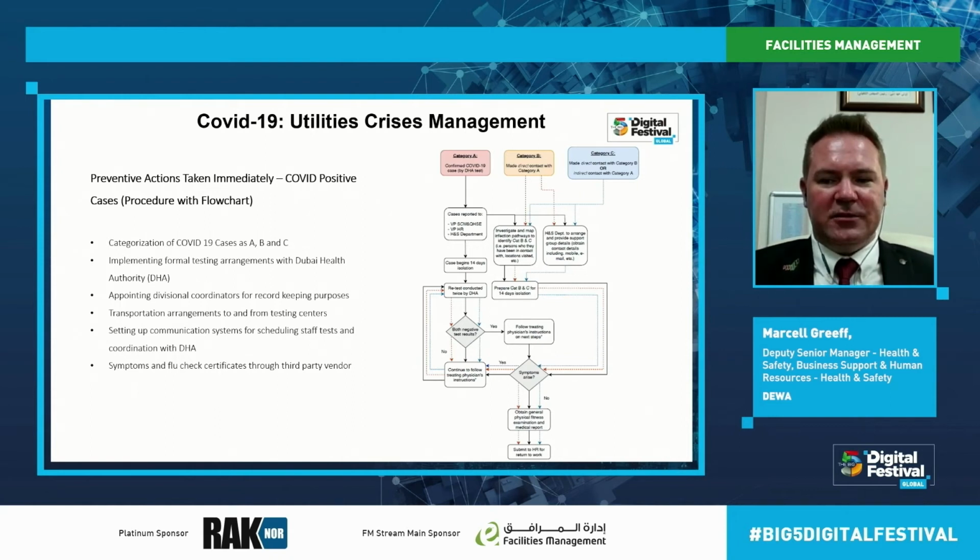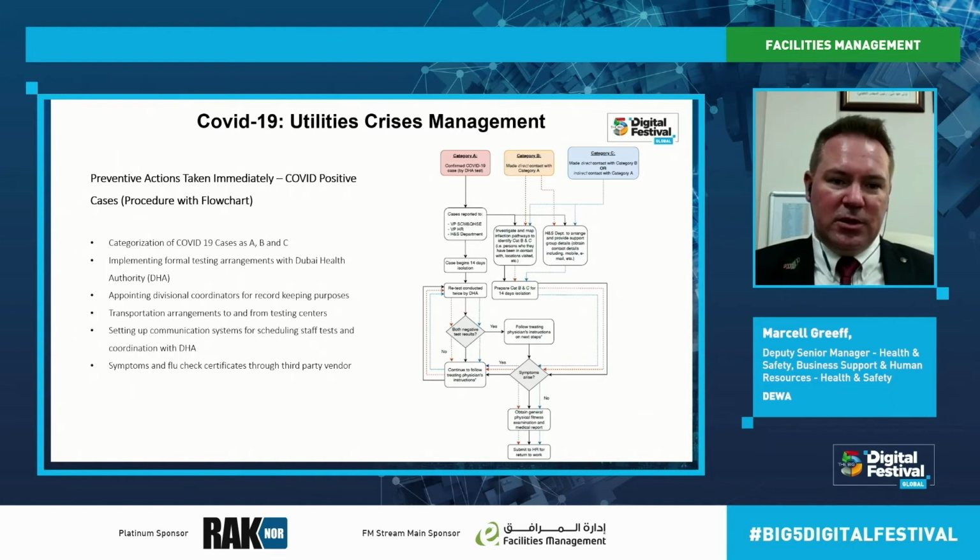Category B staff is any person that was in direct contact with the category A staff, and category C staff is any person that was in direct contact with a category B person. From an isolation point of view, category B and category C are isolated by DEWA, and I'll explain about isolation centers in a minute, whereas category A staff are isolated by DHA, Dubai Health Authority.